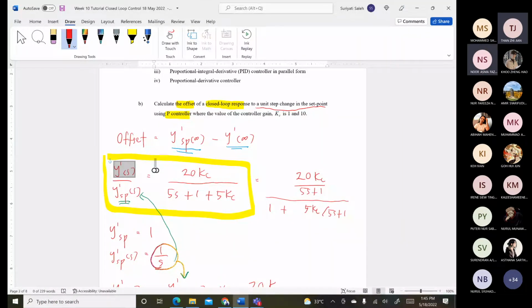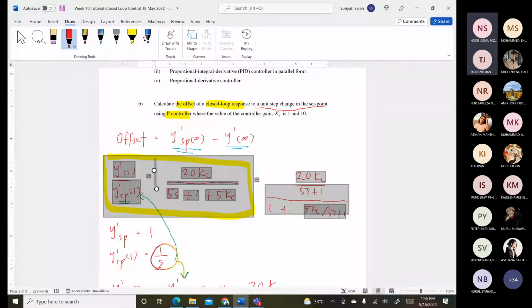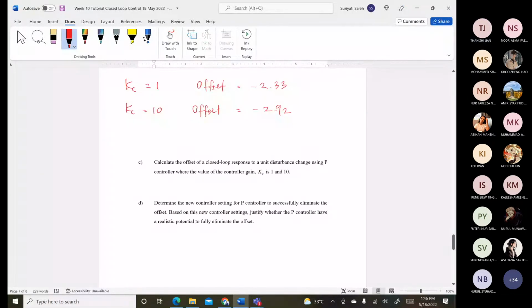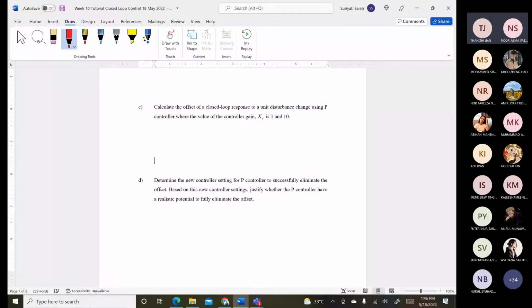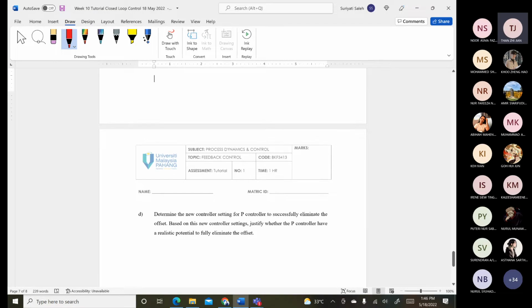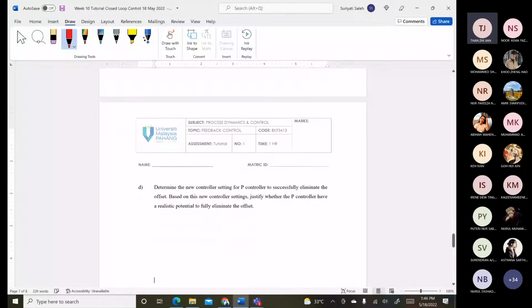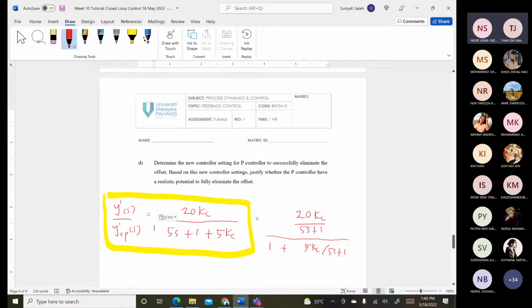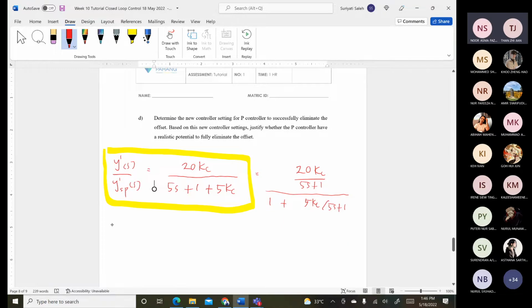All right. So again, we want to solve question D. We still use the following problem. So this is the question. Now we want to find what is the Kc value that contributes to zero offset. Offset equal to 0.